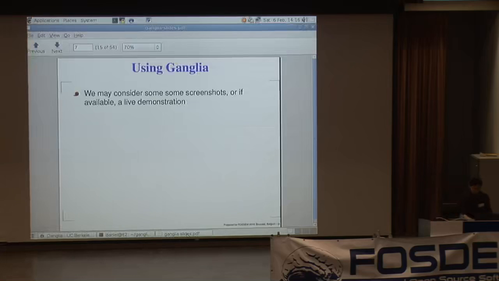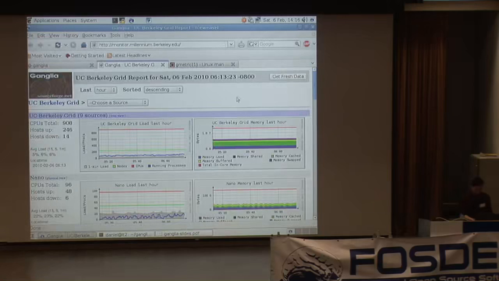So let me give you a quick demo of what Ganglia looks like. This is the Berkeley grid. So you see here you have a main grid. This is sort of like the top level. It aggregates all the metrics you see at the bottom here.